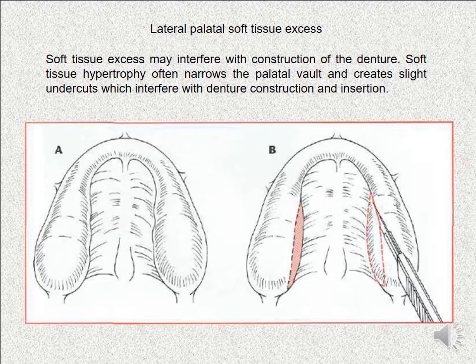When there is increased enlargement of the soft tissue on the palatal side, mainly in the maxillary tuberosity, it leads to severe undercut, and the soft tissue can be compressed during taking an impression. So when the denture is completed and inserted in the patient's mouth, there is difficulty due to the presence of undercut. So by an elliptical incision, we can remove the soft tissue as in the previous maxillary tuberosity.